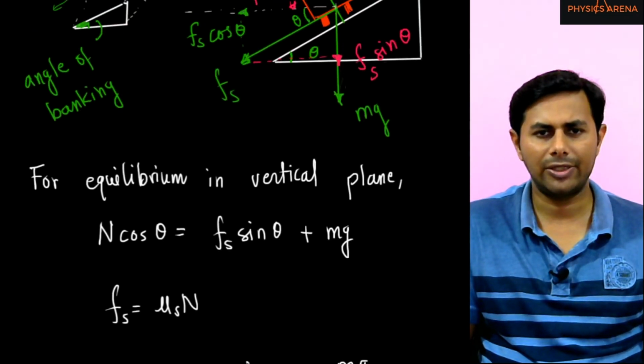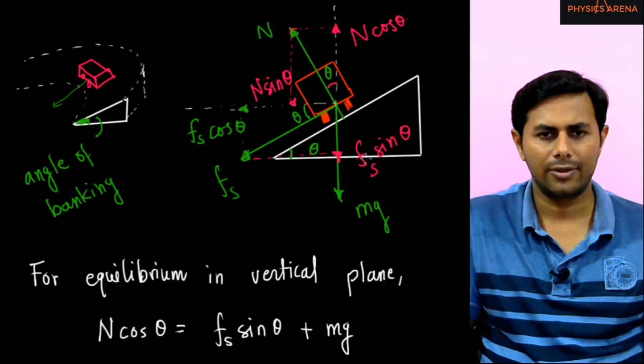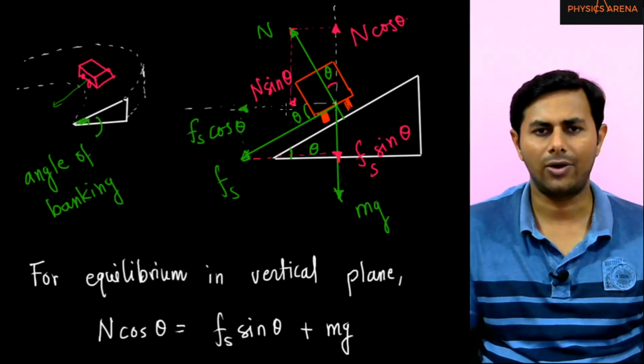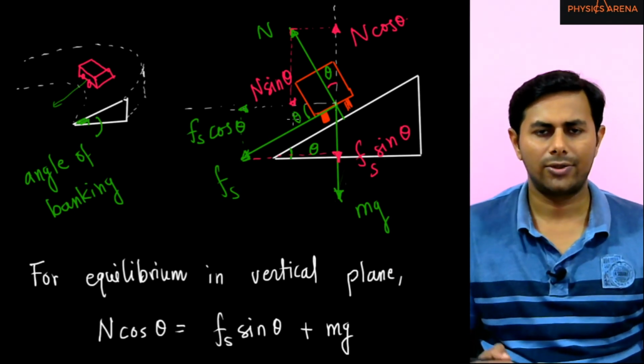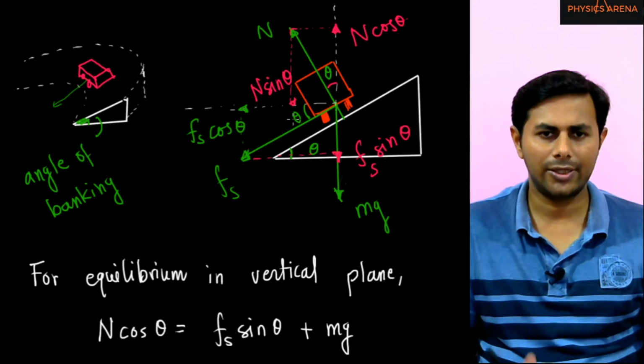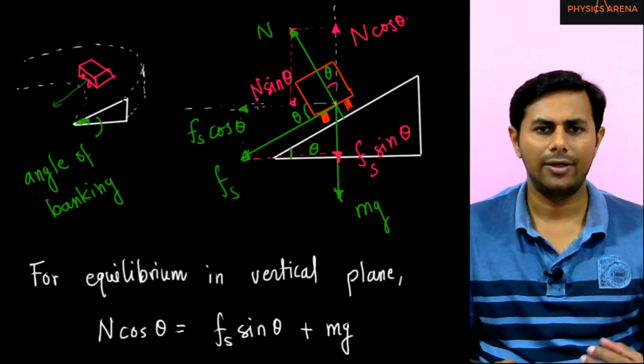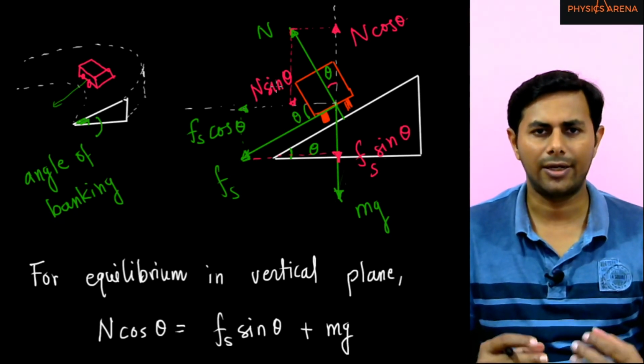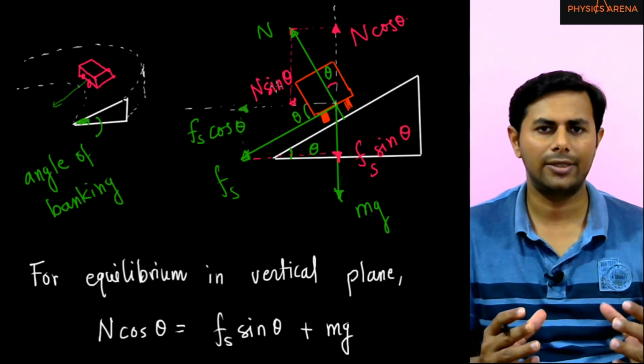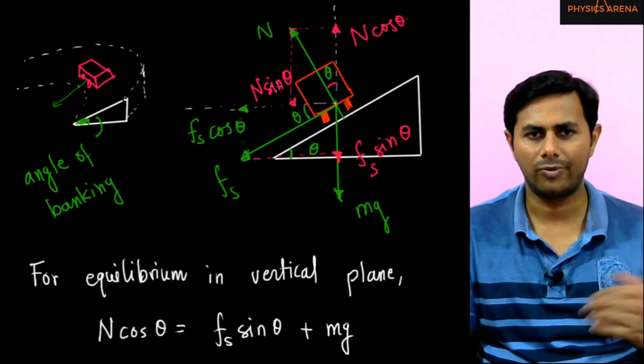The second equation we will get from the forces in the horizontal direction. In the horizontal direction, Fs cos theta plus N sin theta combined provide the necessary centripetal force for turning.